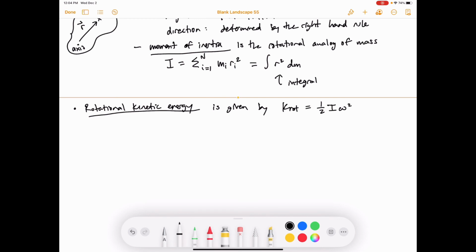Okay, so oftentimes we're going to be dealing with objects that rotate and translate at the same time. And a classic example of that is a rolling object.